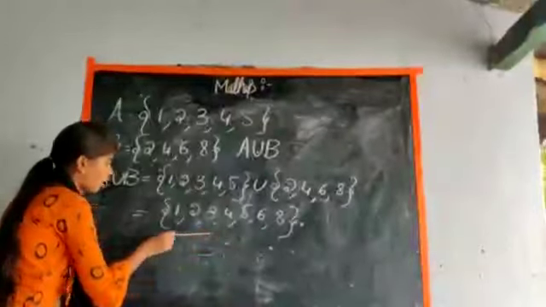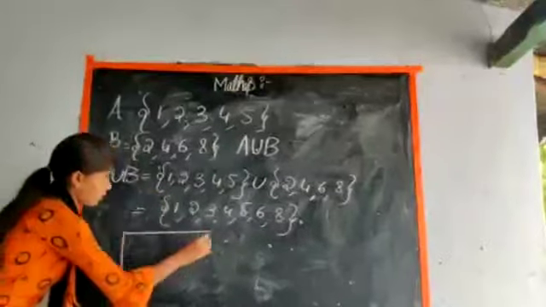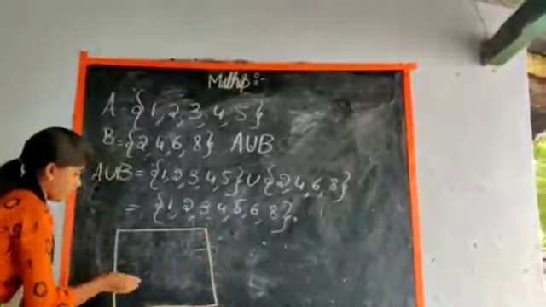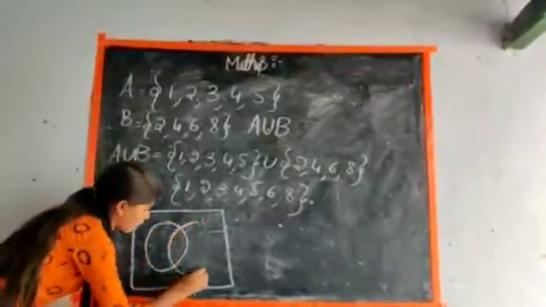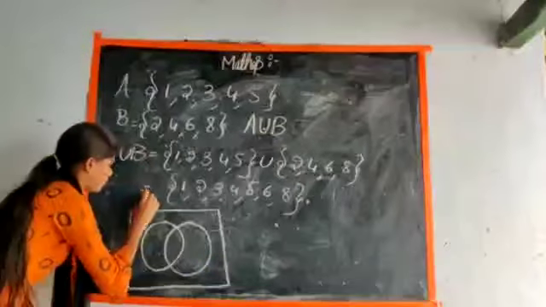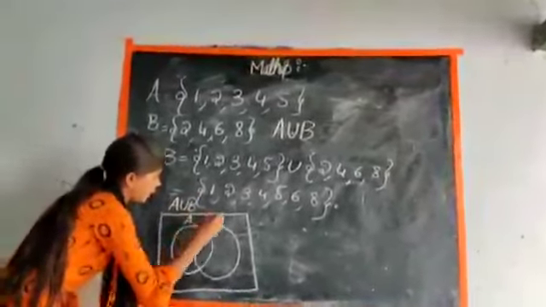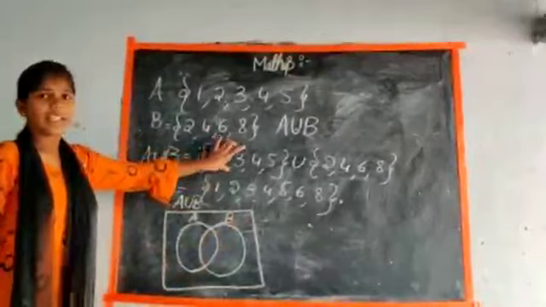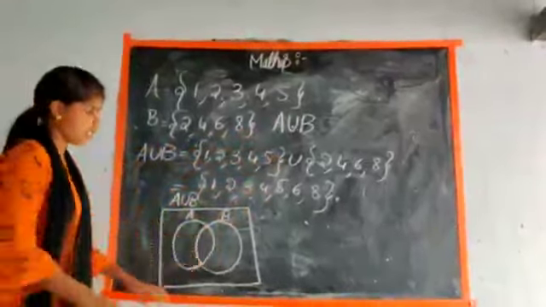Now we have to draw the Venn diagram for the required set. This is A set and this is B set. We have to write the common elements of these two sets in the common place.